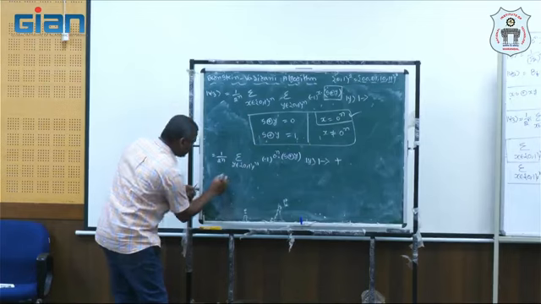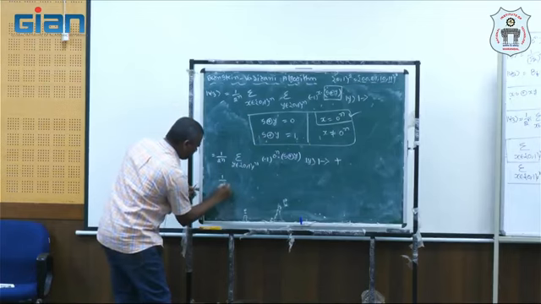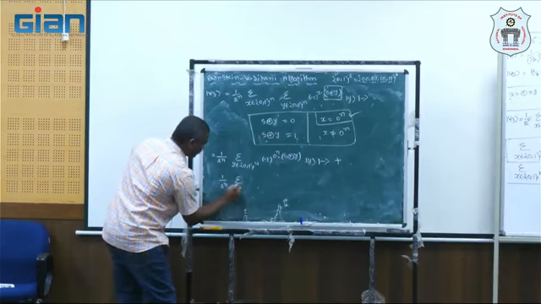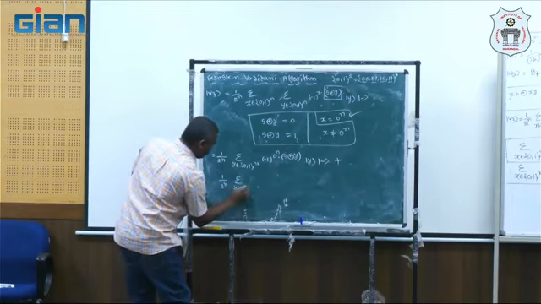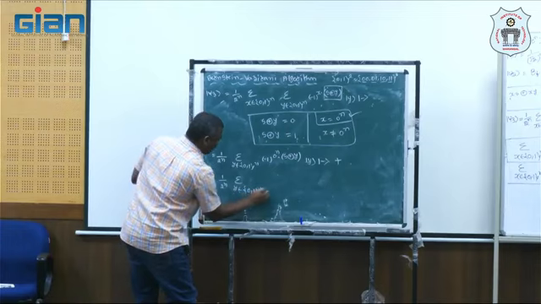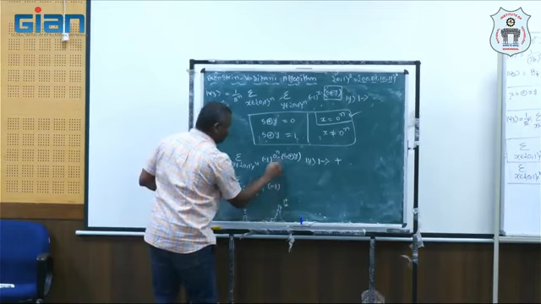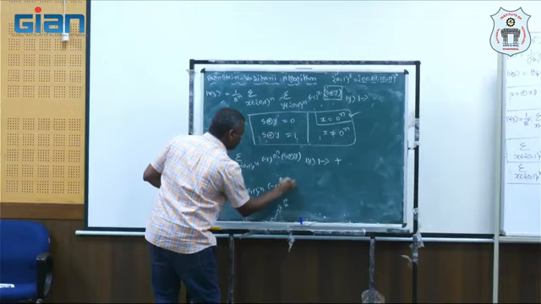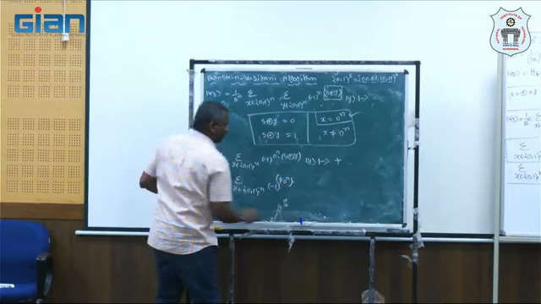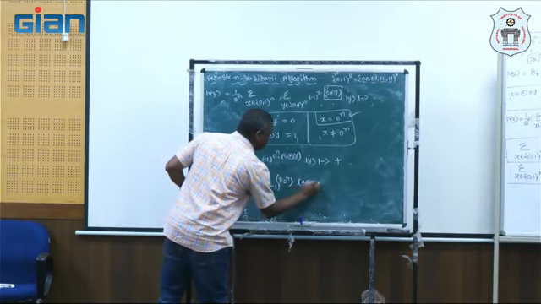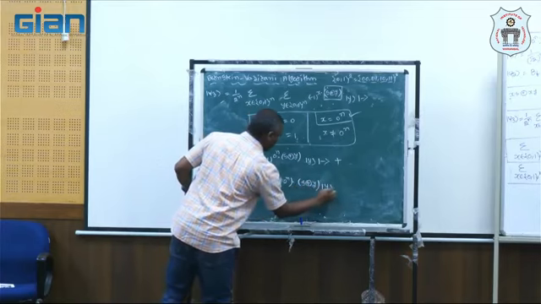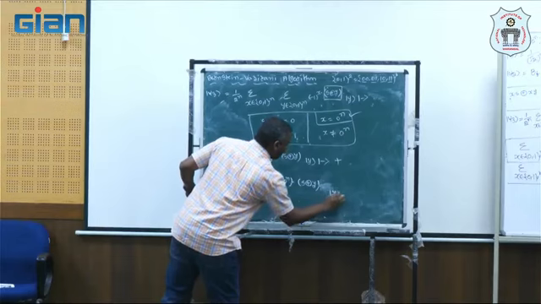So what are other possibilities? In all other cases, what is that we get? 2 power n sigma y belongs to {0,1}^n, (-1)^(x·(s+y)) where x is not equal to 0 power n, ket y ket minus, no?